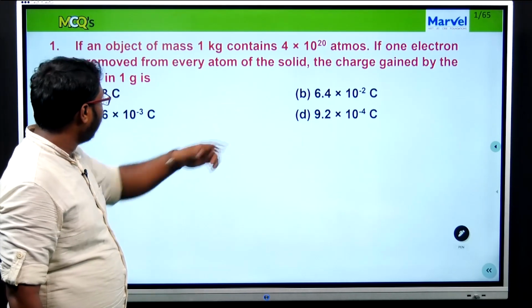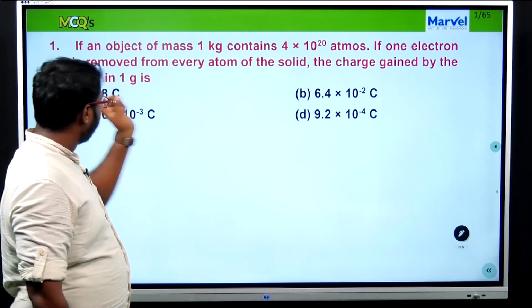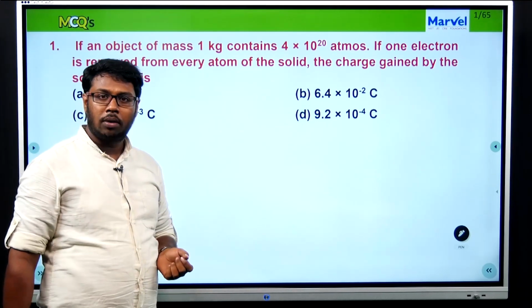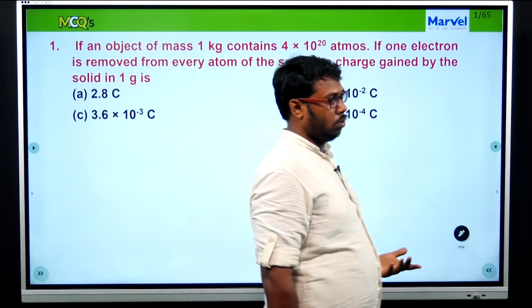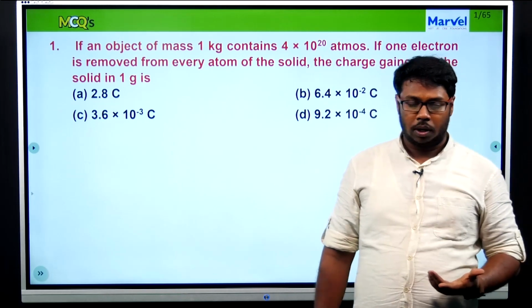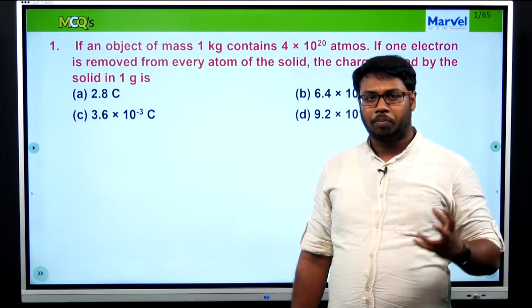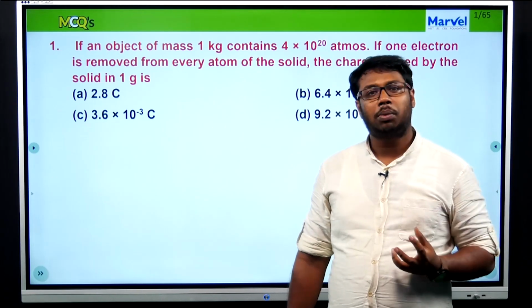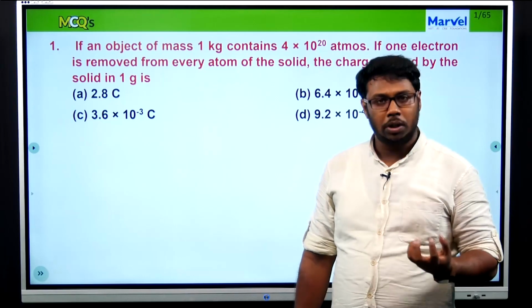Then what they are saying is they are going to remove 1 electron from every atom of a solid. So if 1 electron is removed, what happens? It gets a positive charge because initially it will have equal number of positive as well as negative charge. So the initial charge would be 0.